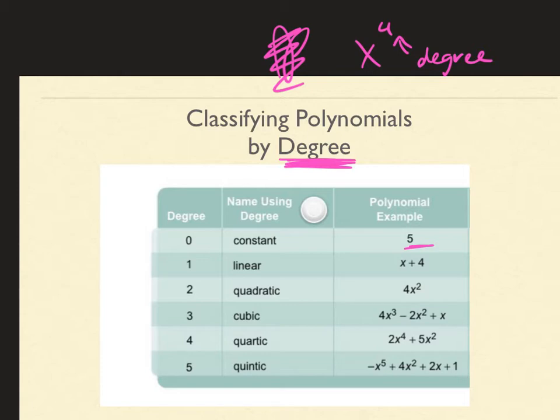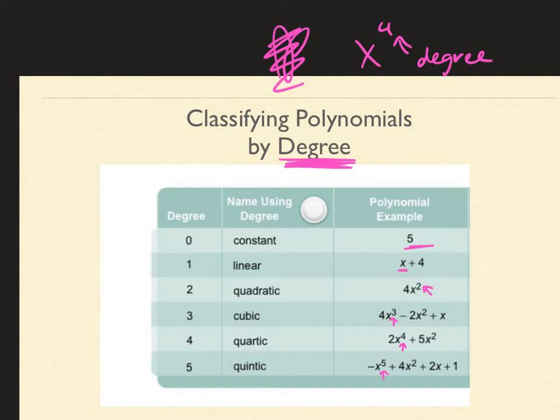If our degree is 1, so if we just had an x with no number up top, then we would classify it as linear. If we have an x squared, then we would classify it as quadratic. x cubed, we classify it as cubic. x to the 4th power we classify as quartic, and x to the 5th power we classify as quintic.